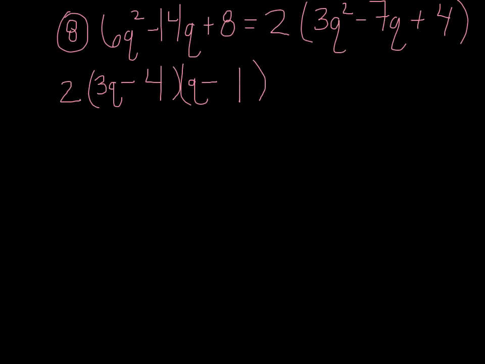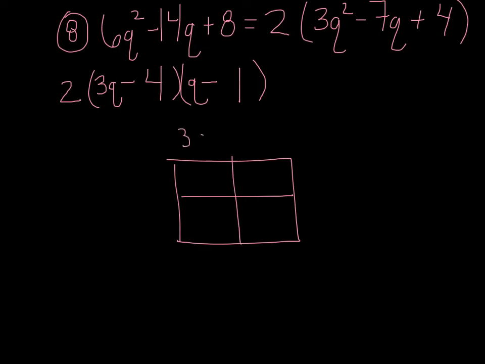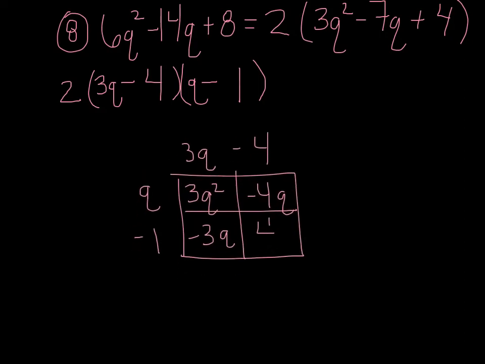So again, let's check to make sure we are correct. So let's multiply out the binomials first. So we have 3q take away 4 times q take away 1. So we get 3q squared minus 4q minus 3q plus 4, but I still have the 2 on the outside that I didn't distribute in.